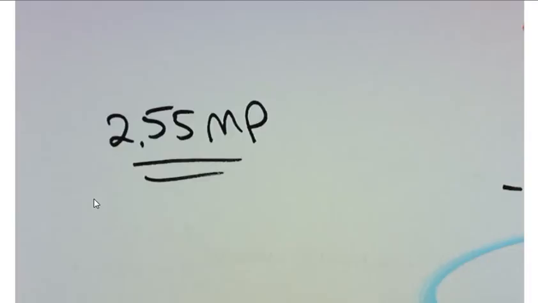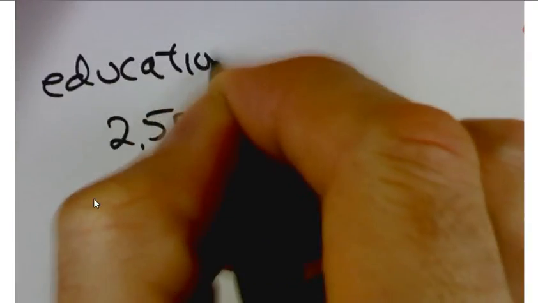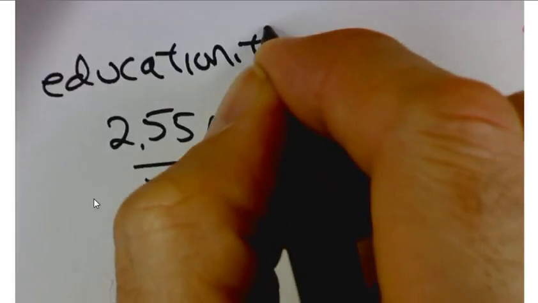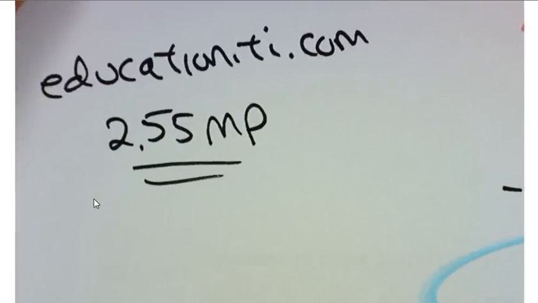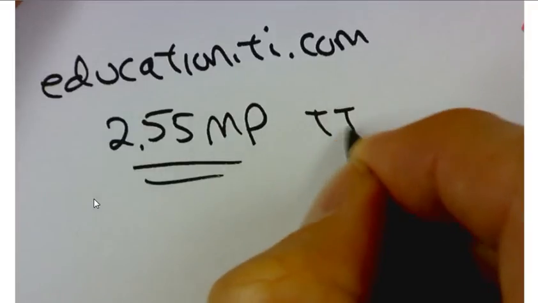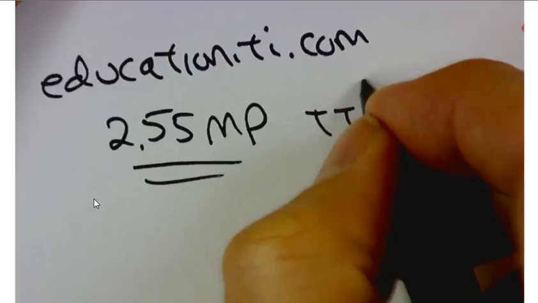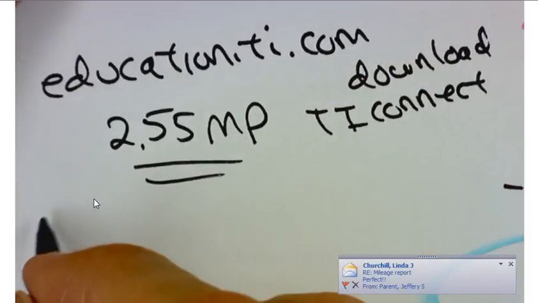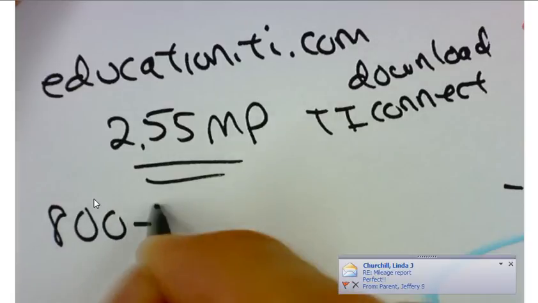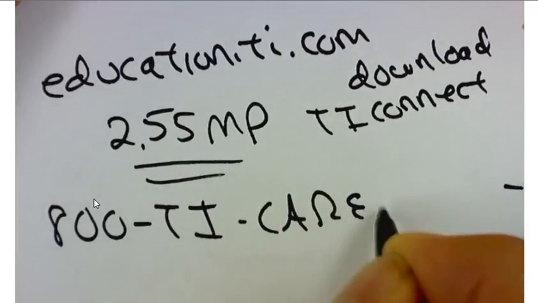You would go to education.ti.com and you need to download TI Connect. I think that's the software that you're going to need. And if you run into problems, 800 TI cares. Isn't that special? They care.